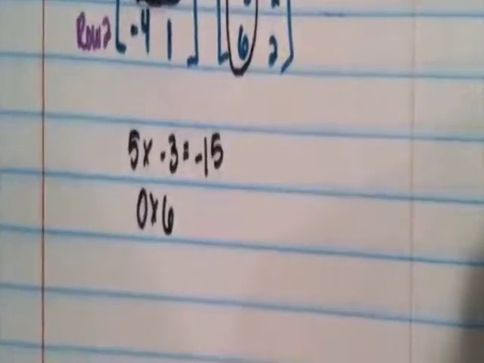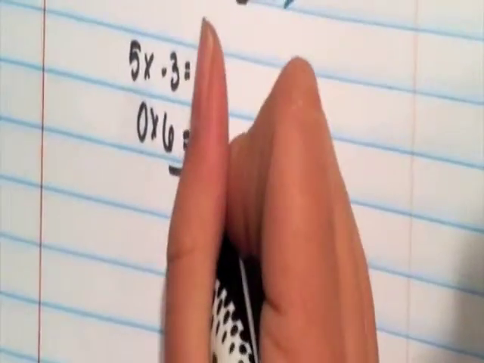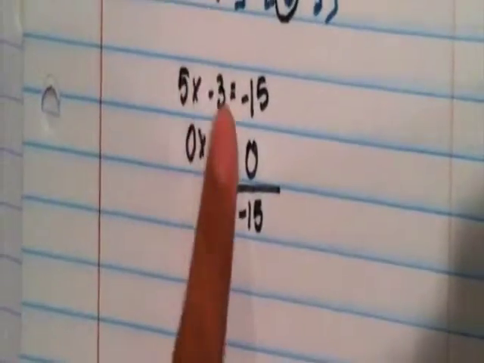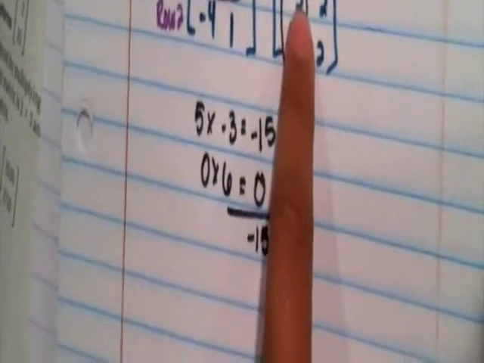0 times 6 equals 0. Then you add that together, which gives us -15. The 5 came from here and the -3 came from here, so that's row 1, column 1 times row 1, column 1.